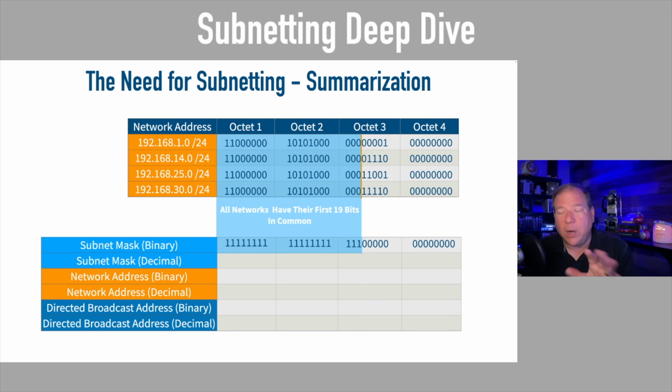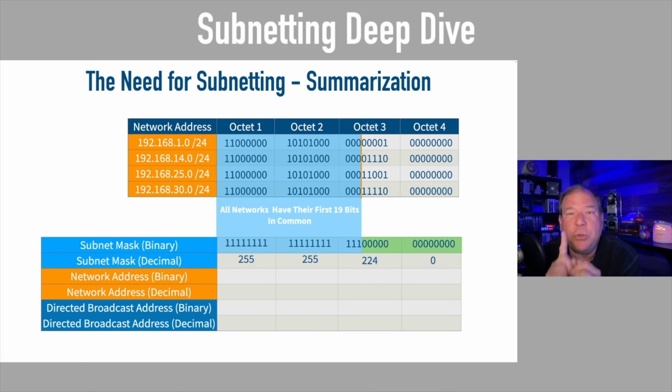Well, all ones is 255. So we've got 255.255. And then in that third octet, I've got 111 and then 5 zeros. What is 111? Well, it's 128 plus 64 plus 32. That's 224. So now I've got a subnet mask of 255.255.224.0.